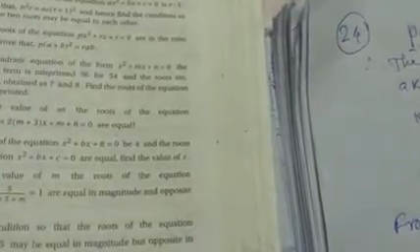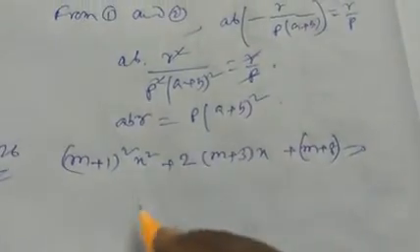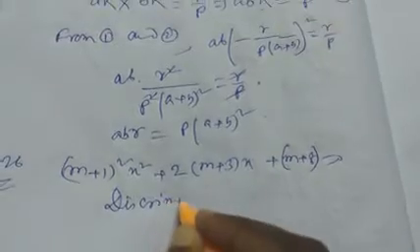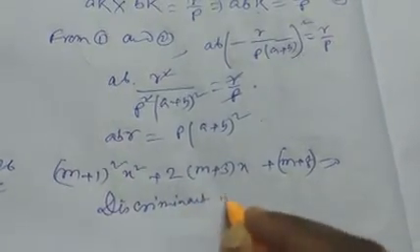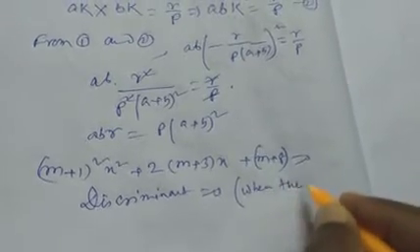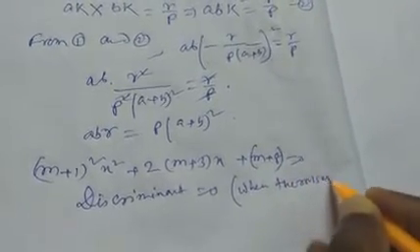When the condition is that the roots are equal, the condition is that the discriminant is equal to 0.